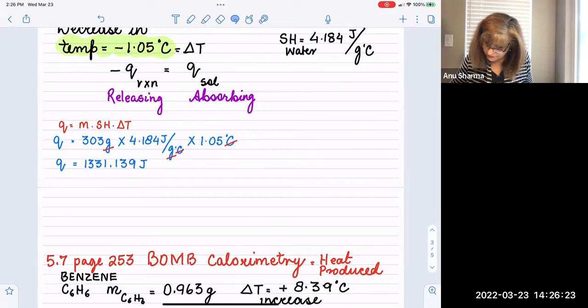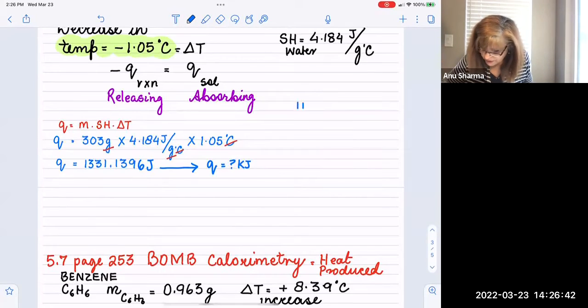1331.1396 joules. And now the question is asking you to convert this to kilojoules. So the value of Q should be in kilojoules. So how many kilojoules is this? Here we know that 1 kilojoule is equal to 1000 joules.